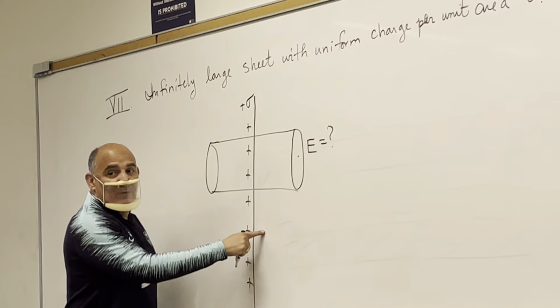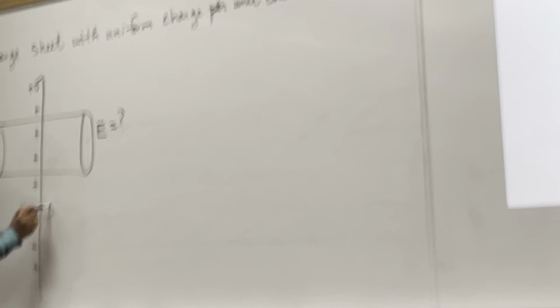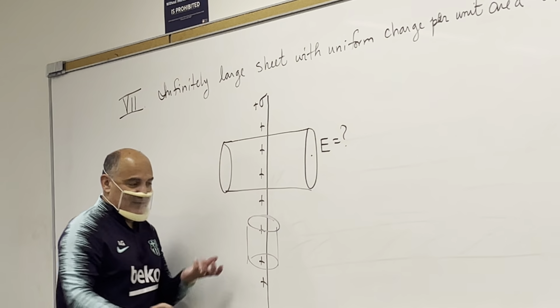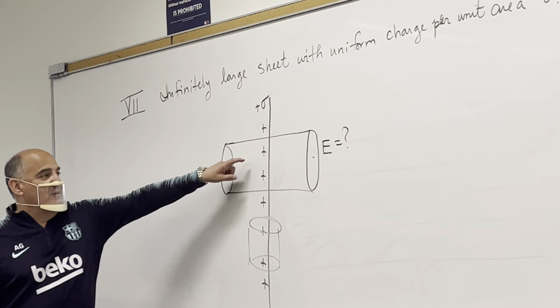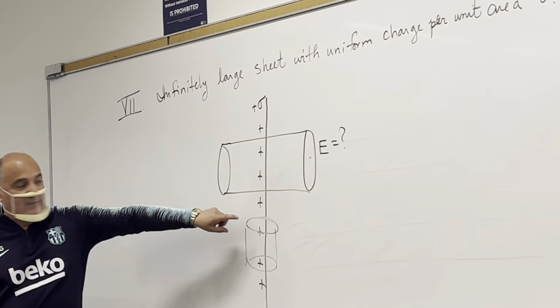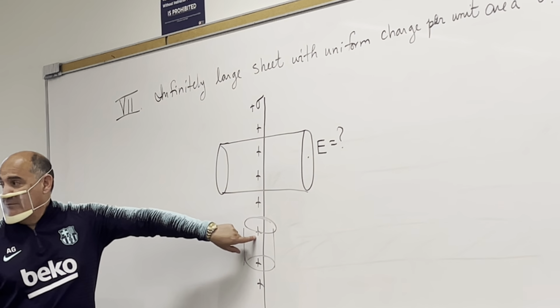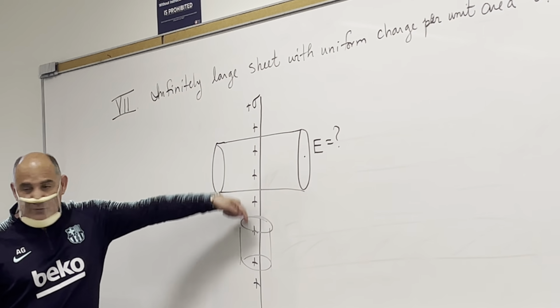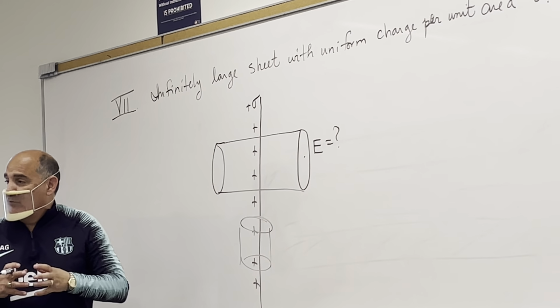If this were a wire, the cylinder that we would have imagined would be something like this. So it's 90 degrees compared to this one, rotated 90. If this were a wire, then we put the wire on the axis of the Gaussian surface that we imagined.